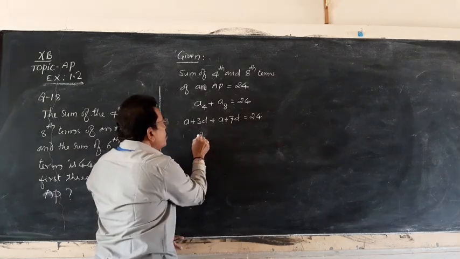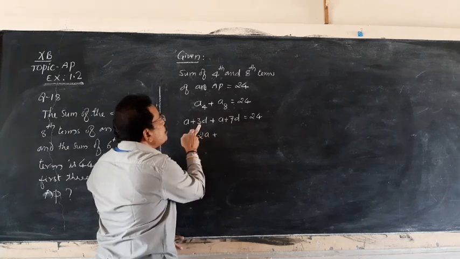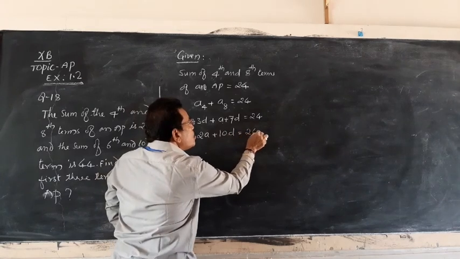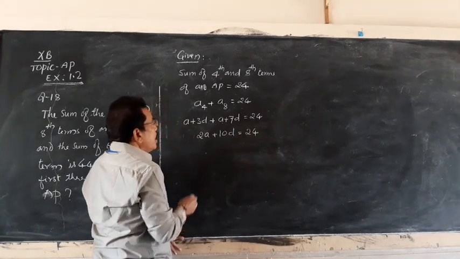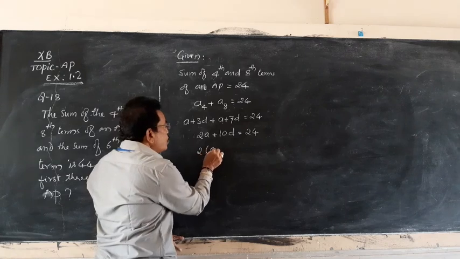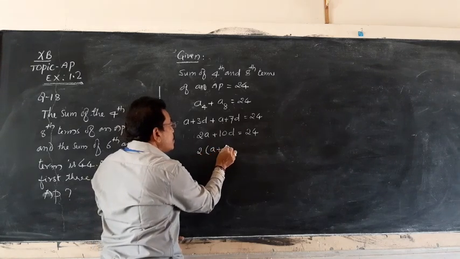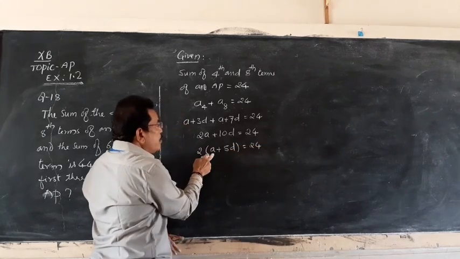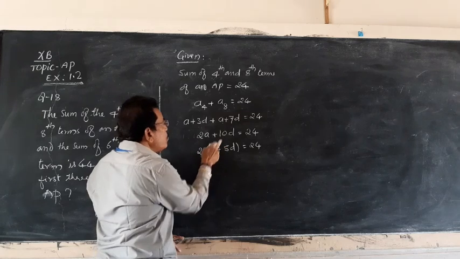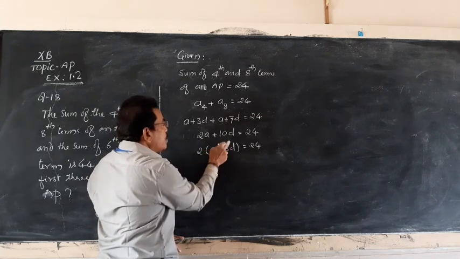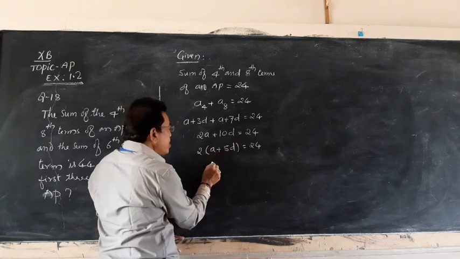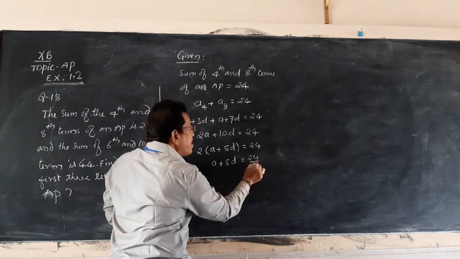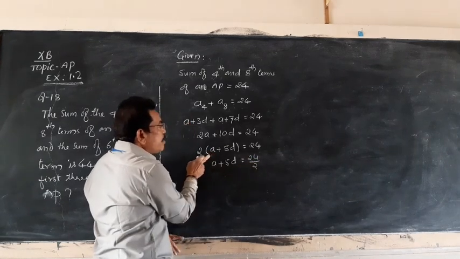A plus A, 2A, plus 3D plus 7D, 10D, equals 24. Let us take 2 common: A plus 5D equals 24 divided by 2, because 2 is the coefficient of this expression.